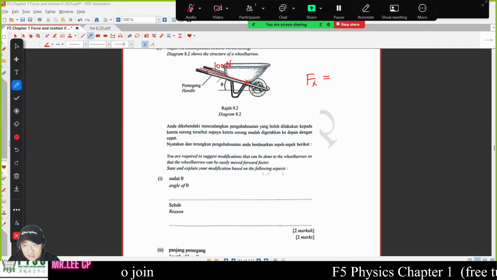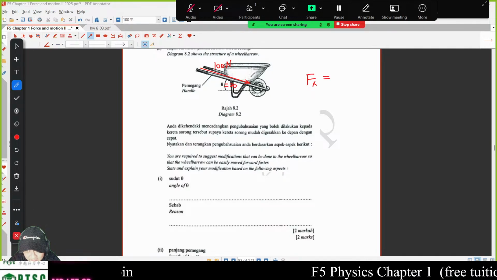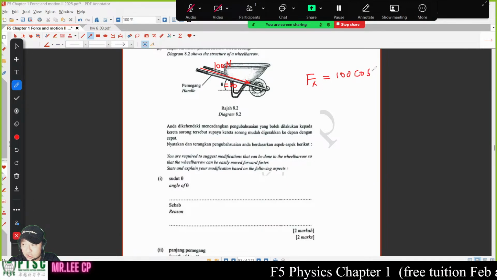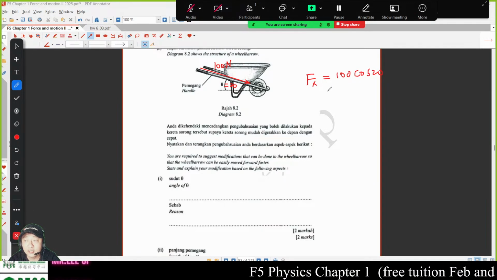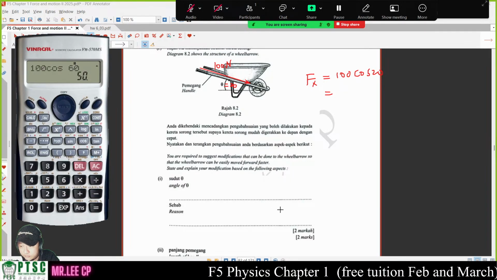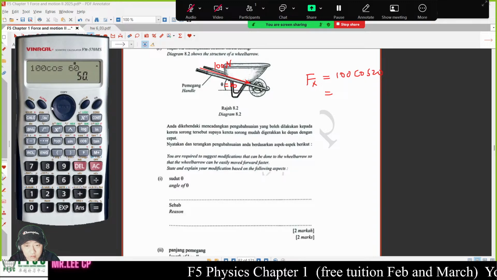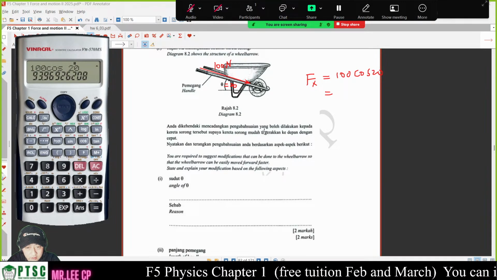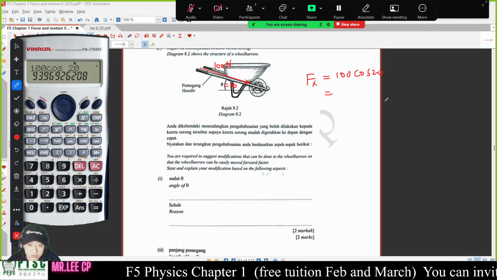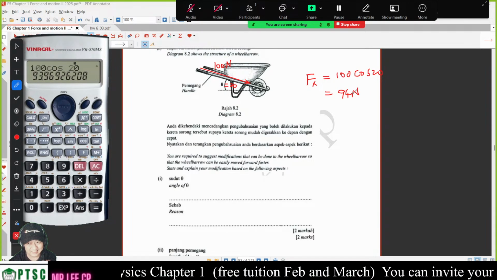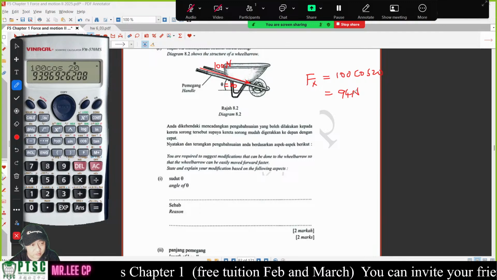This angle is 20, so it is 100 cos 20. How much is it? We calculate. So you get about 94 Newton, it is pushing forward.